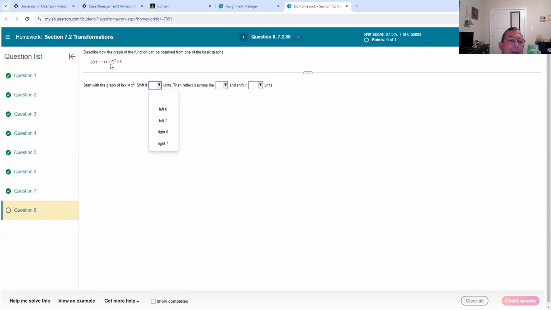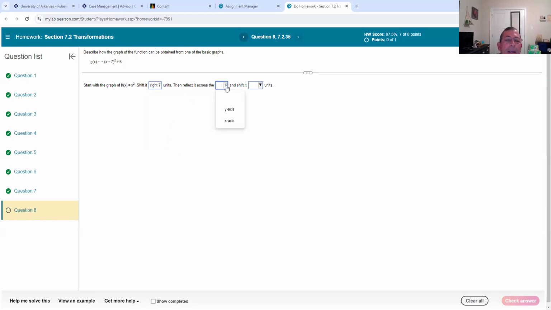Since that 7 is being subtracted, are you going to go left 6, left 7, right 6, or right 7? So that says what, right? So good job. Since that 7 is negative, it's actually going to move it right 7.